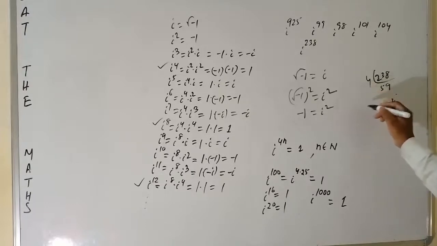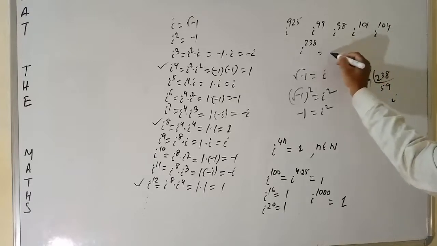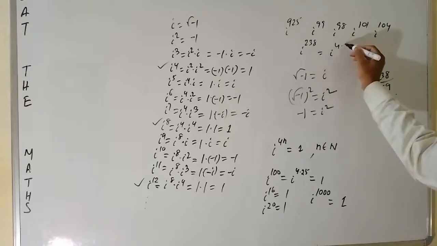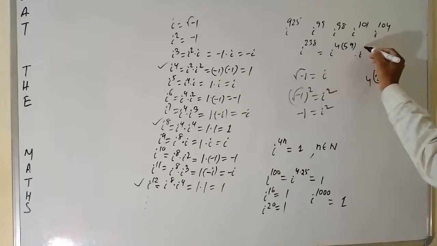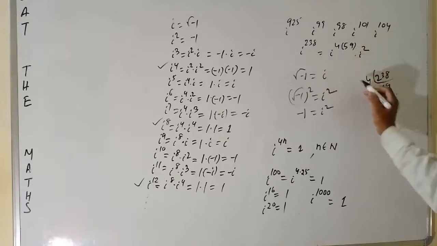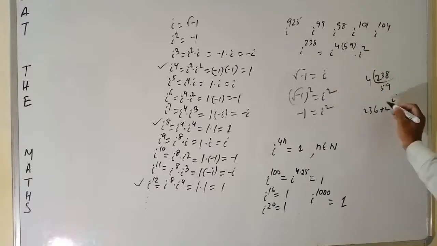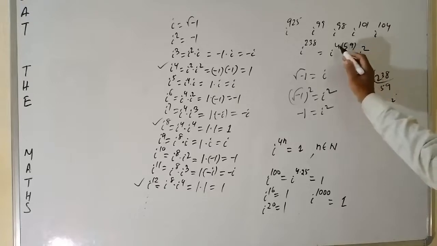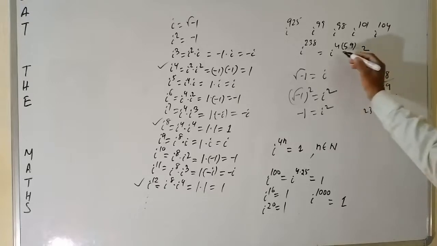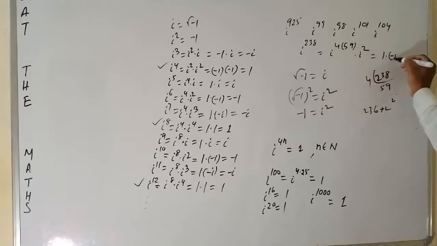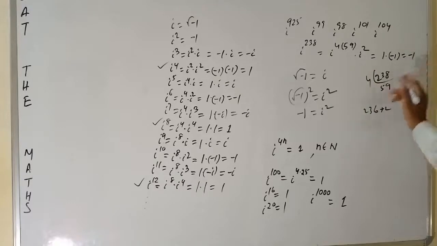That means i to the power 238 is equal to i to the power 4 into 59, again i square. Okay, this is equal to 236 plus 2. This is equal to 1 into i square, and i square is equal to minus 1.